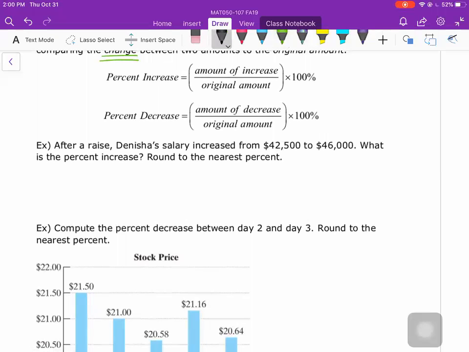It increased. How much did her salary increase? How did you get 3,500?